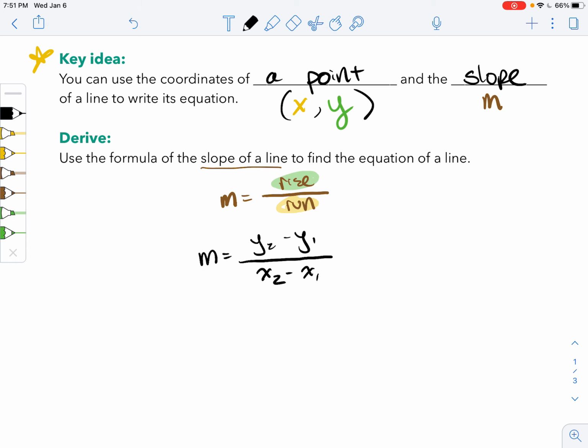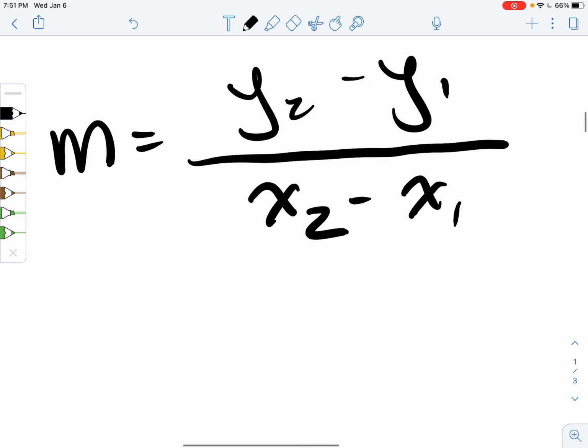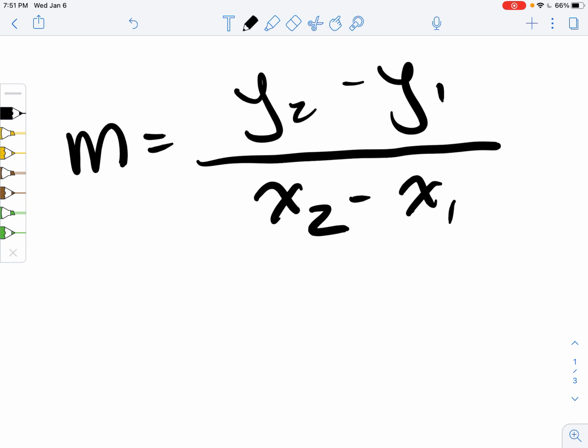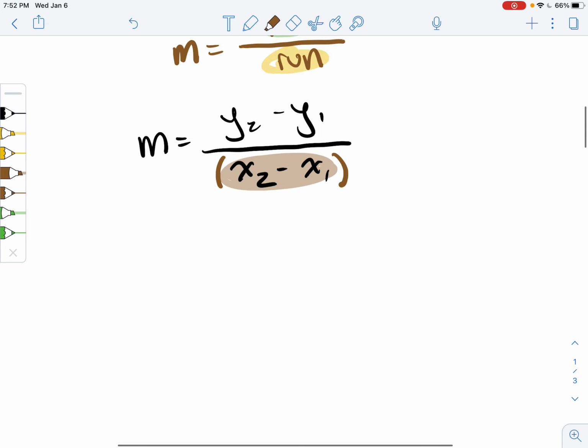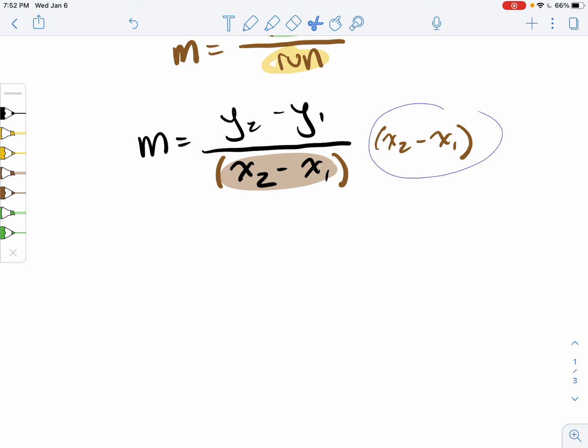Okay, cool. So we know this is the definition of slope. But what happens if we mess with it? What happens if I notice, you know what, I'm going to take this x2 minus x1, and to clean this up, I'm going to multiply both sides times x2 minus x1. Remember the multiplication property of equality?